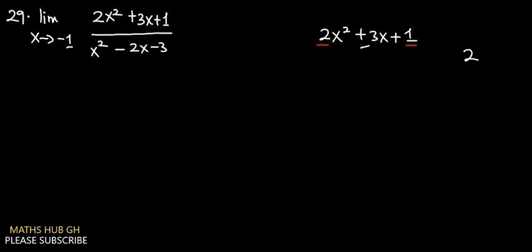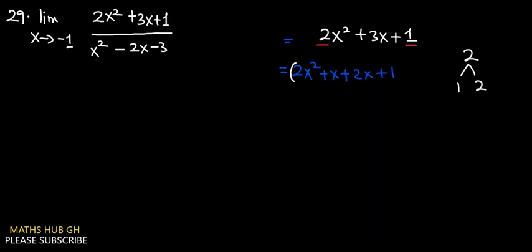Those two numbers are 1 and 2. Multiplying 1 by 2 gives 2, and adding gives 3. So at the end, you write this expression as 2x squared plus x plus 2x plus 1.